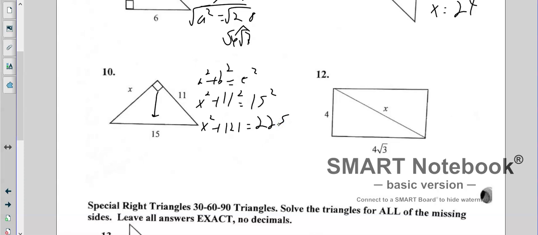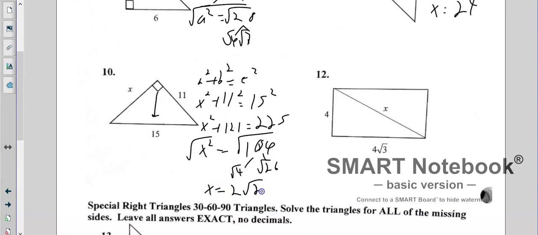We subtract 121 and we get x squared equals 104. Now 104 is not a perfect square, so we have to find out what goes into it. When we do that, we find out that it's only 4 and 26, radicals both. So x equals square root of 4 is 2 times the square root of 26.